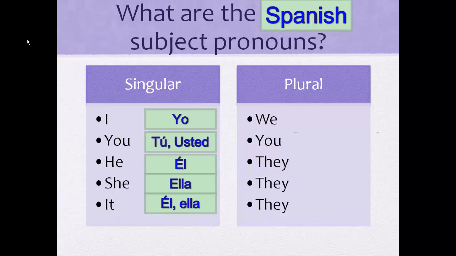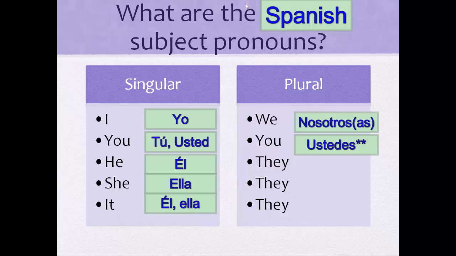The plural side, nosotros, and it can be written as a group of girls speaking about themselves, nosotras. So that's why you have this little parentheses here. Next, ustedes. And I'll talk about that one. This is the plural of usted.